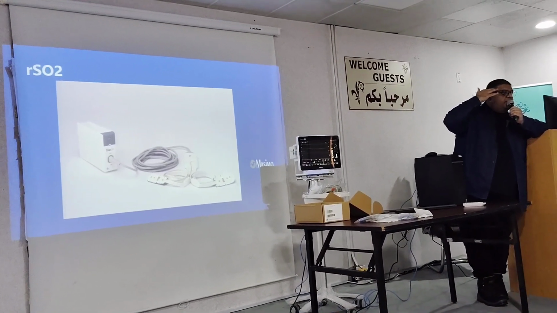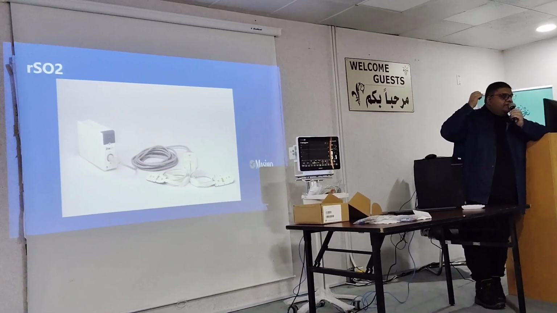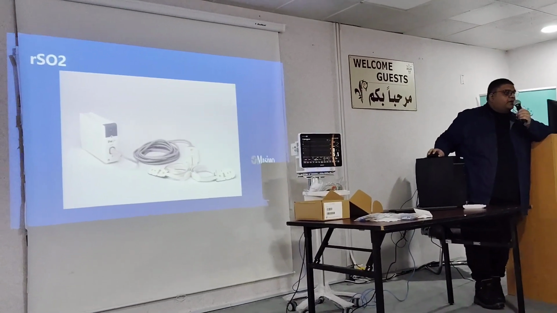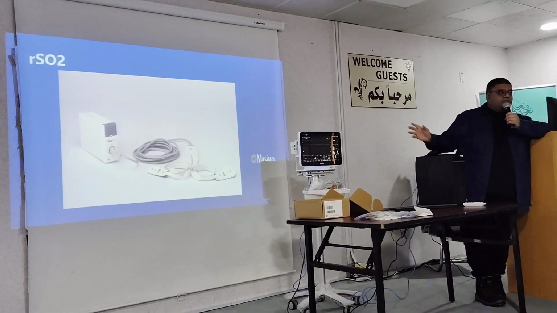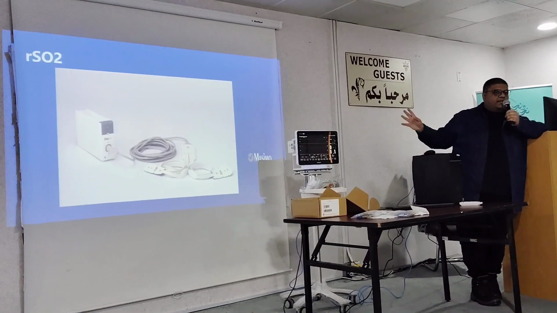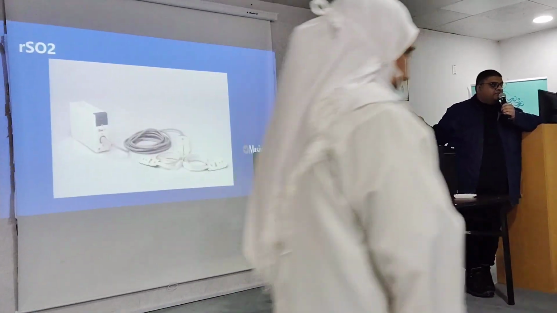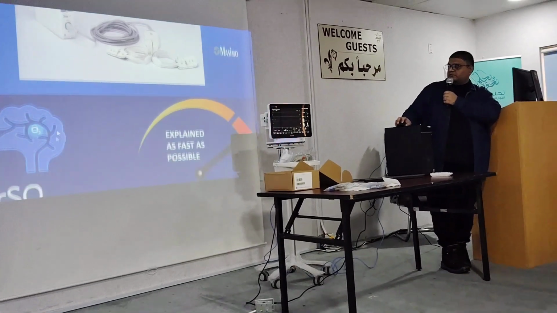Cerebral oxygen, the oxygen of your brain, right? And that's why it's also called cerebral oxygen monitoring. Even though you can use it on any part of your body, the most important organ we care about is your brain, the oxygenation of the brain. So you can use it like that.